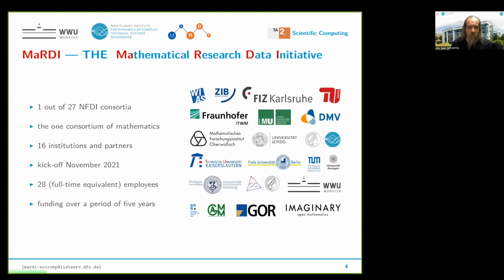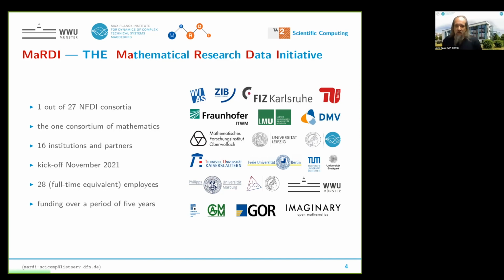The big picture is federal funding of something like 90 million euros over a period of 10 years, if I'm not mistaken. Twenty-six out of these 27 consortia are located in different research fields, and one is the base services that is covering cross-cutting topics.